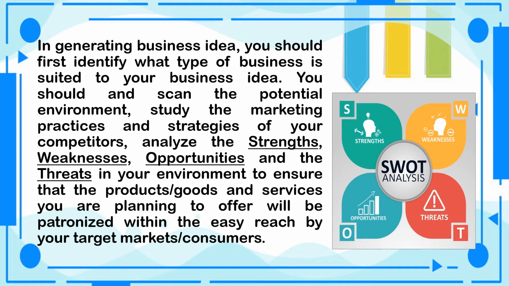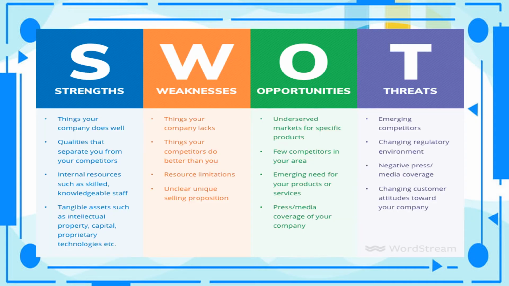SWOT analysis stands for strengths, weaknesses, opportunities, and threats. To understand more about it, here are a few explanations. First, we are going to discuss strengths. Strengths are the things that your company does well.